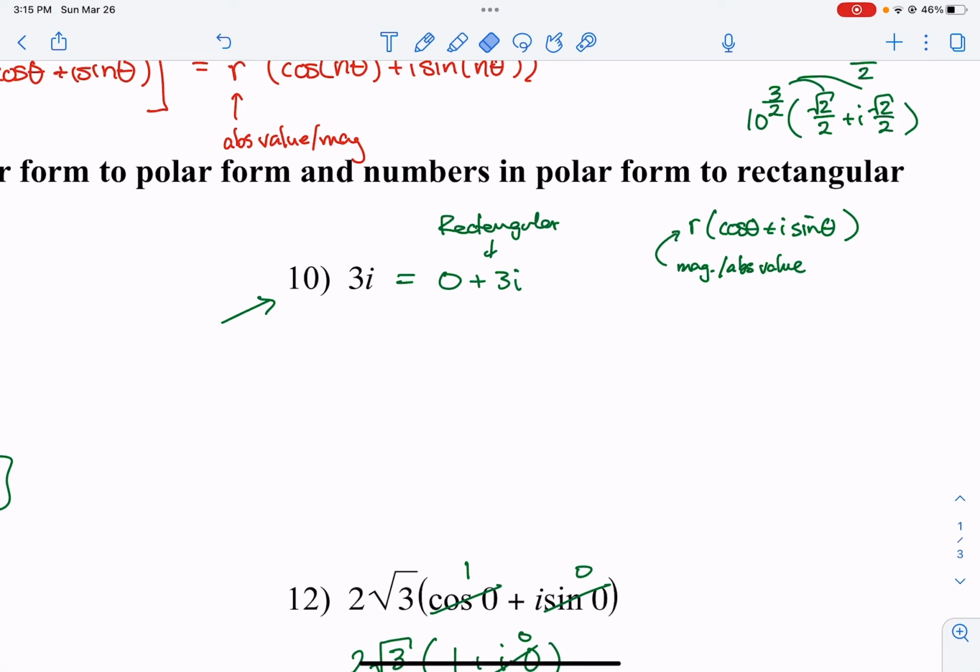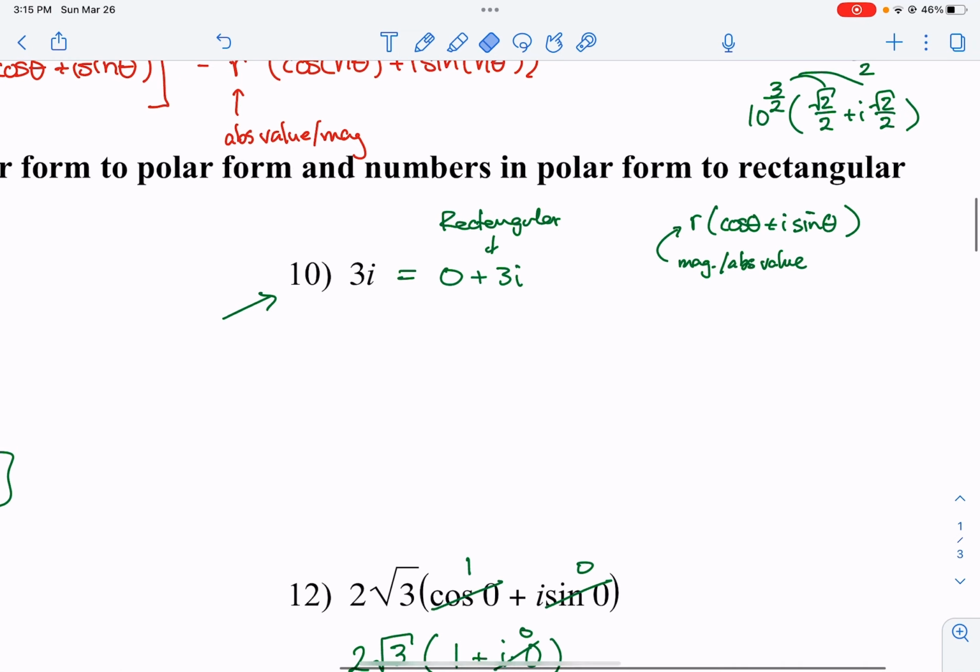And you want to pull it out of both components, right? So the absolute value of 3i, if you just do a quick calculation, it's just going to be 3. Just use the formula.